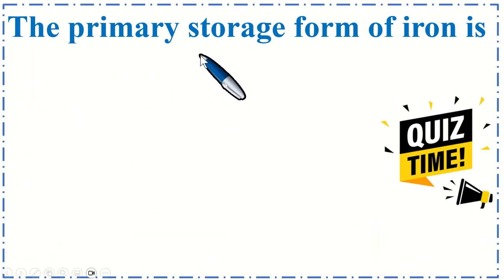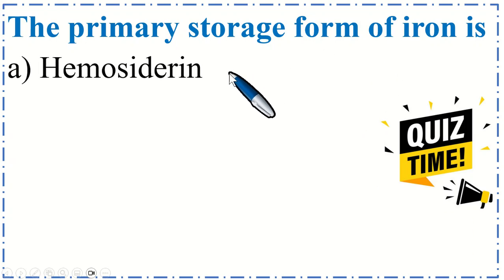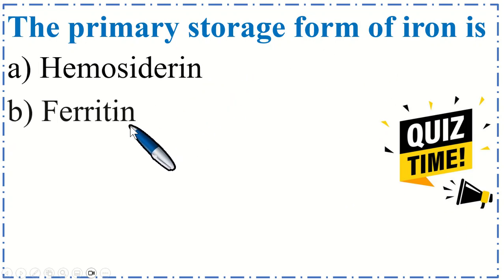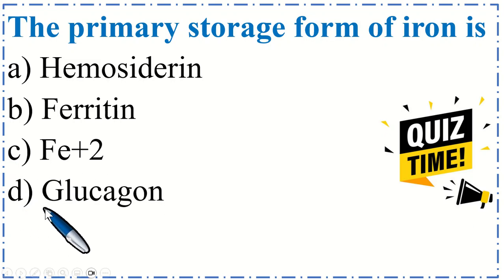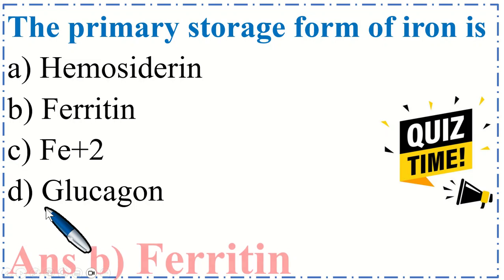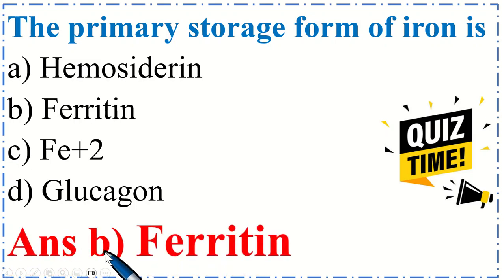The primary storage form of iron is option A hemosiderin, B ferritin, C Fe2, option D glucagon. Correct option is B ferritin.